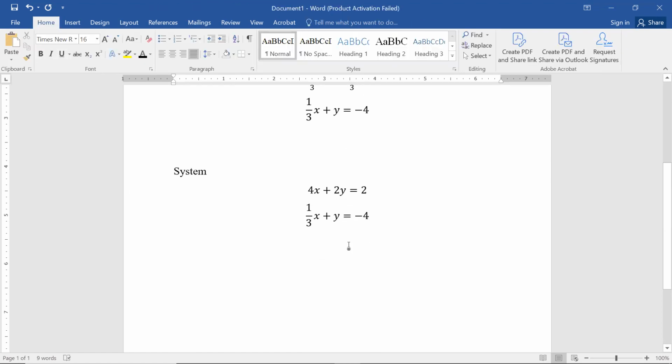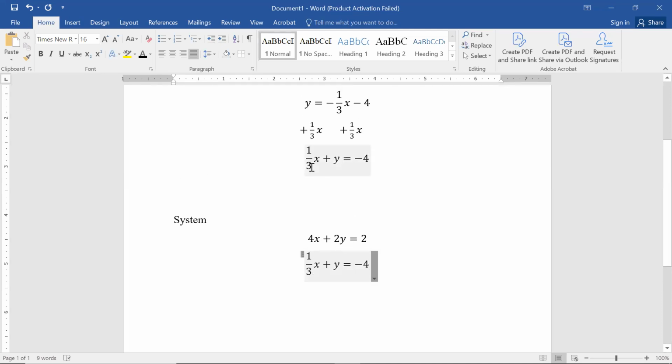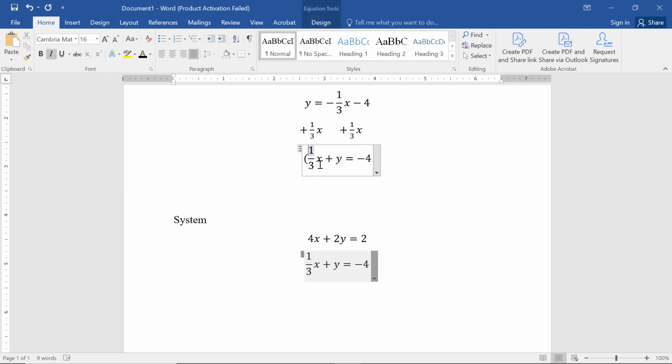Now, some people are more comfortable with fractions than others. If you're very comfortable with fractions, go ahead and use the fractions. If you're not, if you don't like that 1/3, one thing you could have done before you even messed with writing the system is you could have multiplied both sides by 3 and got rid of all fractions.